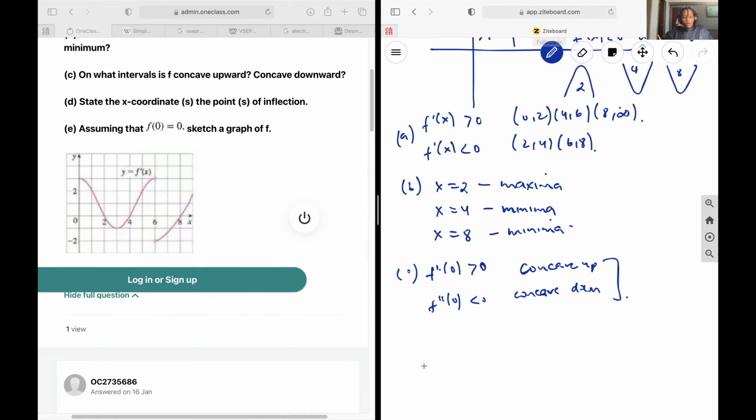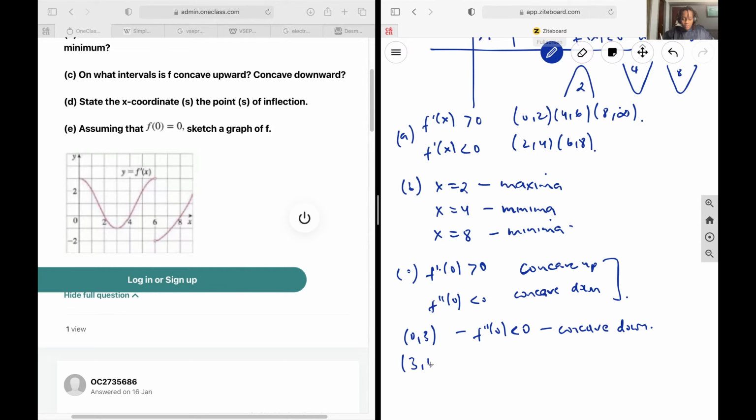And so we see that between 0 and 3, if you just draw lines on this function, you see that we'll have a negative slope all along this point. So from 0 to 3, the second derivative is less than 0, and we have it being concave down.